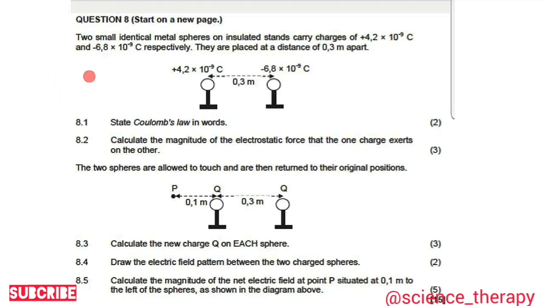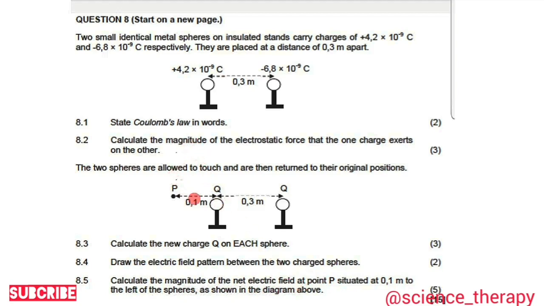Okay, now let's look at the last question, which is 8.5. It says calculate the magnitude of the net electric field at point P situated at 0.1 meter to the left of the spheres as shown in the diagram above.